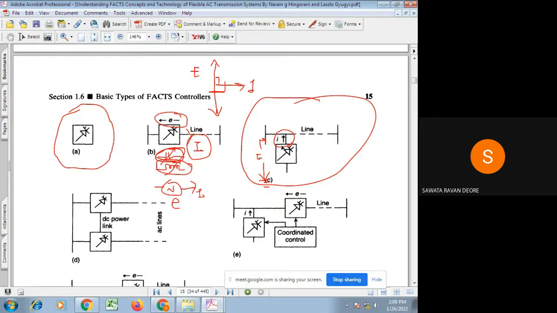Obviously, how this current, now here in this case, E is the reference and accordingly you are regulating. So here, the same plot will be there.